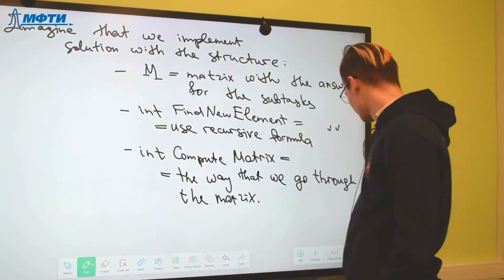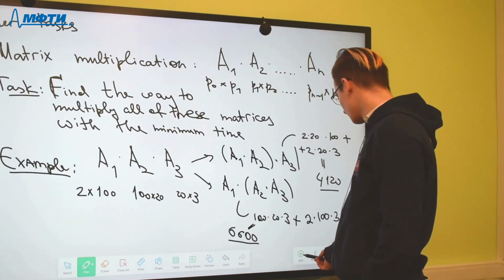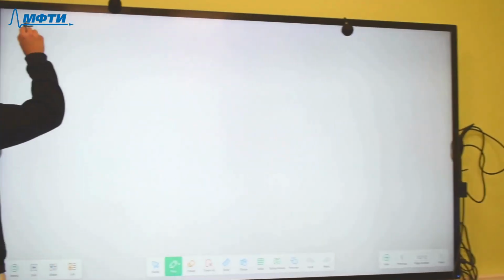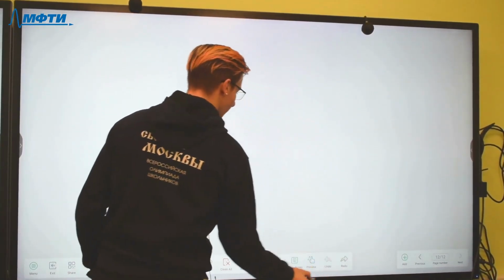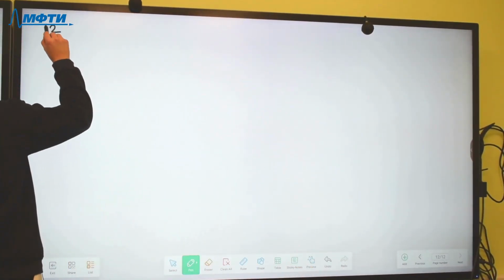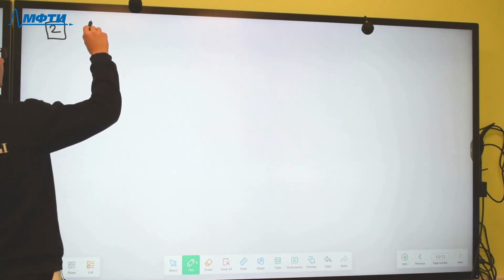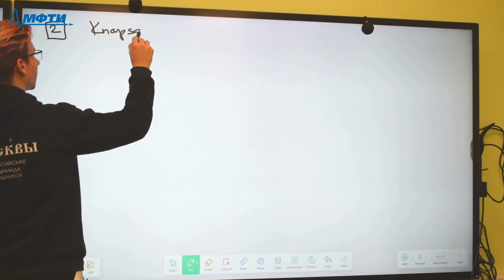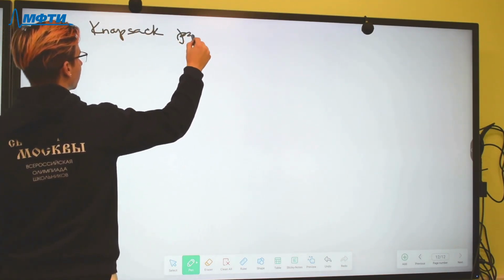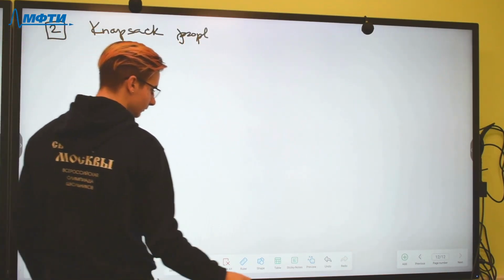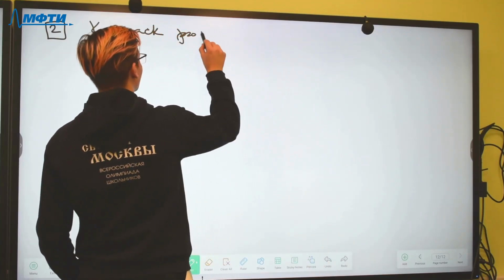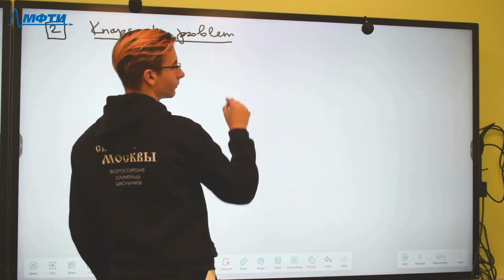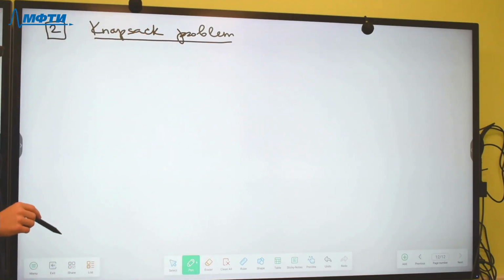So, some words about the second task. It is the knapsack problem. Do you know what this knapsack problem is?